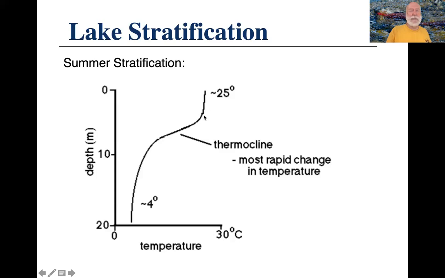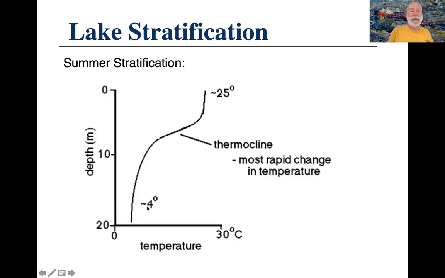Now, if you have a deep enough lake, the water temperature near the bottom is probably going to be right around 4 degrees Celsius. Why 4 degrees Celsius? Because this is the maximum density of water. So in winter, and as things warm up from winter, cold water with a temperature around 4 degrees Celsius tends to collect in the bottom of the lake.